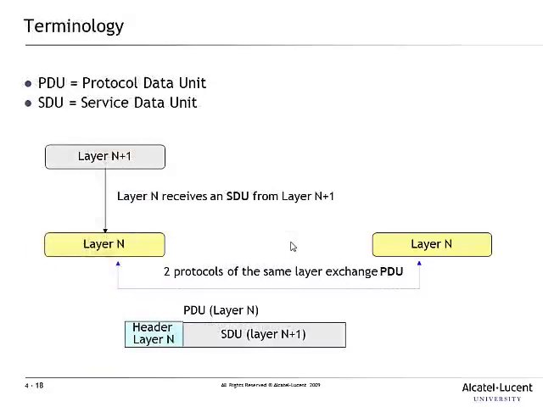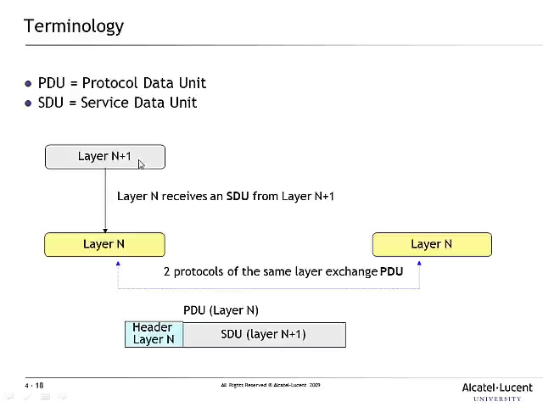A little bit of terminology. We've come across these two terms, PDU and SDU. PDU refers to protocol data unit, and SDU refers to service data unit. Every layer in a protocol stack, what it receives from the layer above it is referred to as an SDU, a service data unit.